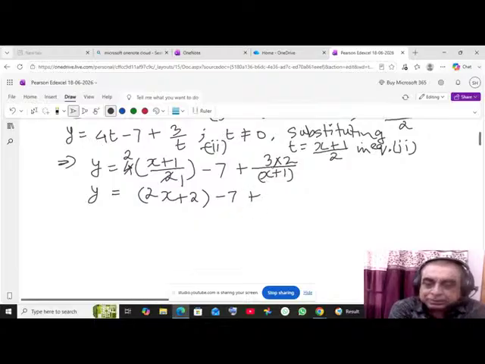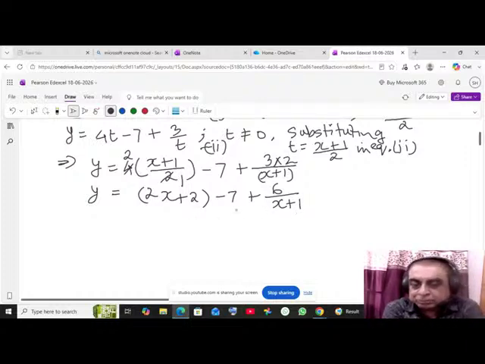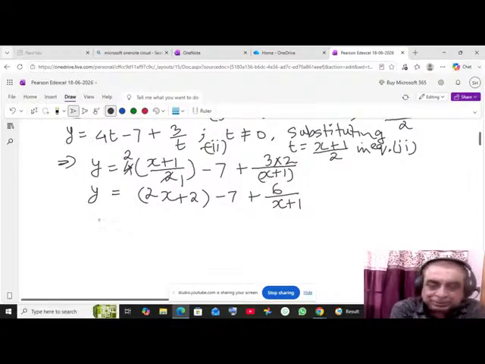And here it becomes 3 times 2, 6 upon x plus 1. Now take the common denominator of all these terms. X plus 1 is the LCM of the denominators, and make that the common denominator for all the terms.